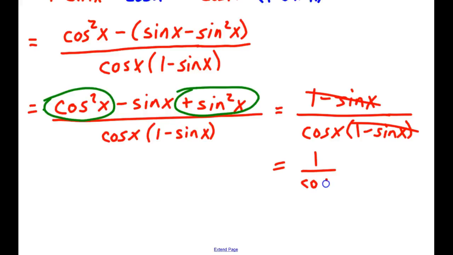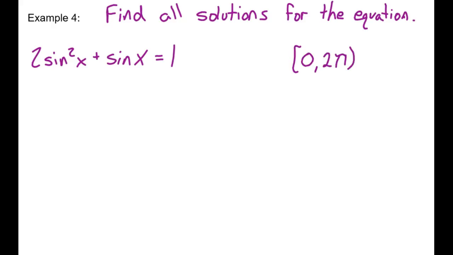Last step, we need to use a reciprocal identity. Cosine is related to secant, so this simplifies down to secant x. So that fairly complicated expression that involved two different rational expressions, we used trig identities to simplify all the way down to secant x.